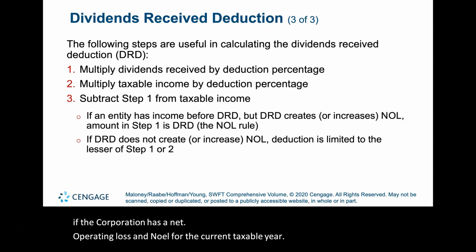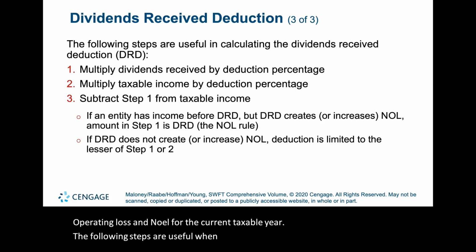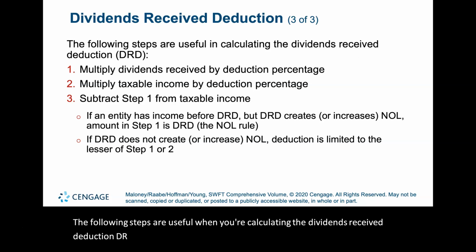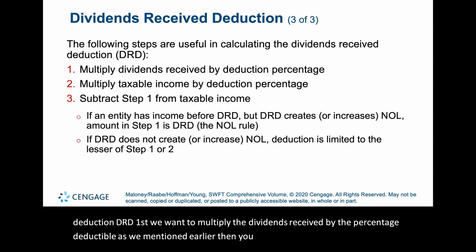The following steps are useful when you're calculating the dividends received deduction, DRD. First, we want to multiply the dividends received by the percentage deductible, as we mentioned earlier. Then you want to multiply the taxable income by that same deduction percentage.